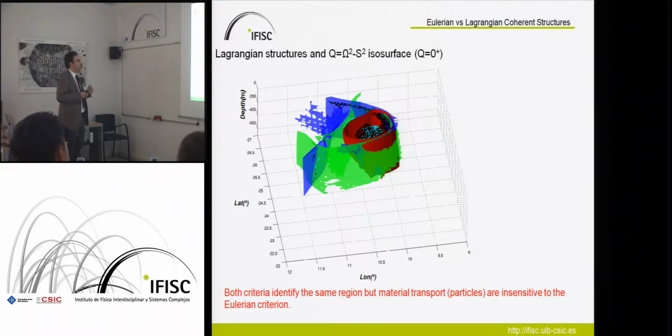And so we were looking at Lagrangian structures that were really impacting the trajectory of particles, but we still wanted to see how these particles related to the Eulerian, to the non-Lagrangian measures of identifying coherent structures.